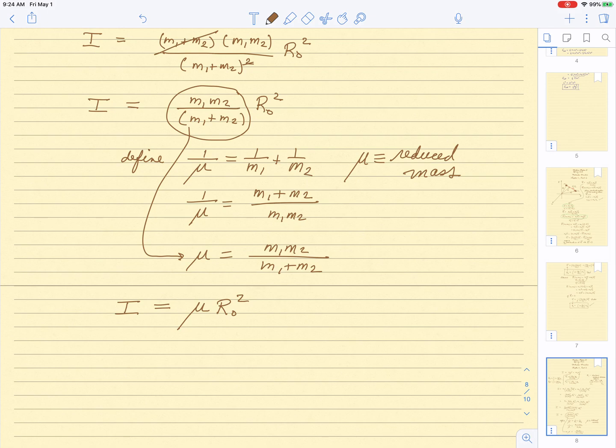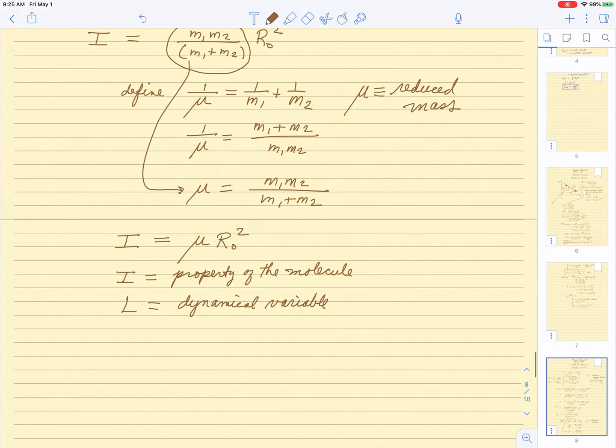And we have to recall a couple of things, right? So the rotational inertia is a physical property of the molecule. And angular momentum is a dynamical variable. Okay, and we remember from our discussion, right?